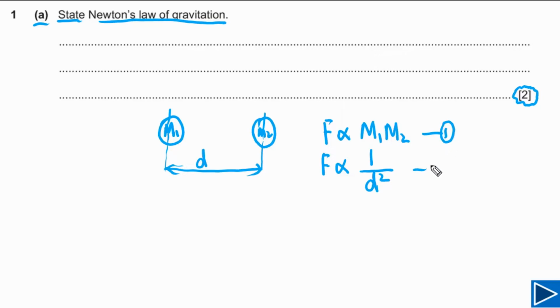We can say this is 1 and this is 2. Now if we combine 1 and 2, we can write F is directly proportional to m1 times m2 divided by d squared, meaning inversely proportional to d squared.